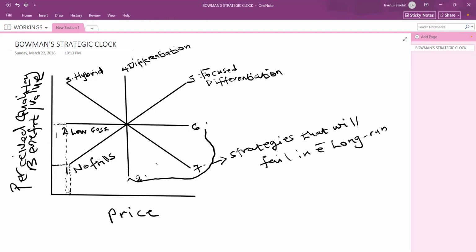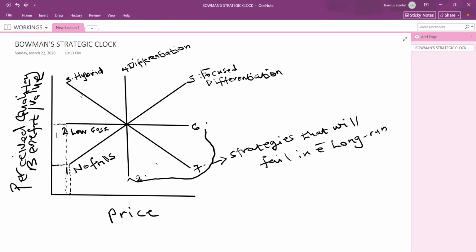And this is also one of the strategies that Bowman proposed: this combination of price and quality can be employed, and then we will gain competitive advantage over our competitors.